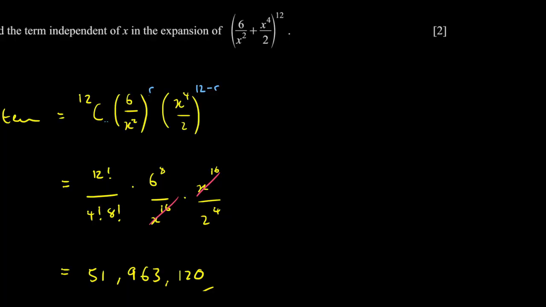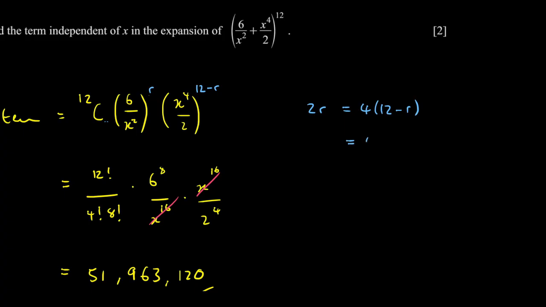So what does that mean? Well, I want this power at the bottom to be the same as that power. So this power here will now be 2r, right? Because I've got x to the power 2 to the power r, which is 2r. And I want that to be the same as this power here. And that's going to be 4 times 12 minus r.